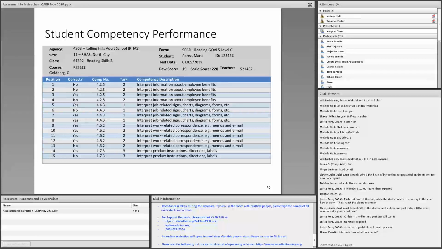And the competencies: generally the major competency is listed on the right, the competency description. The tasks will show you the task types, or the format of the task. So you're going to see signs, charts, diagrams, those are going to be ones. And then when you have a 2, that's text, and 3 is more about directions, labels, things like that.